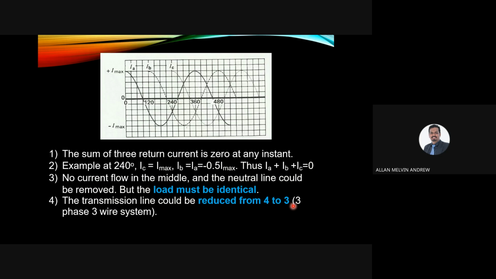So we call it a three phase three wire system. In some parts of three phase systems we can see the neutral lines are there, but mostly now we see only the three phase three wire system, to reduce the complexity.